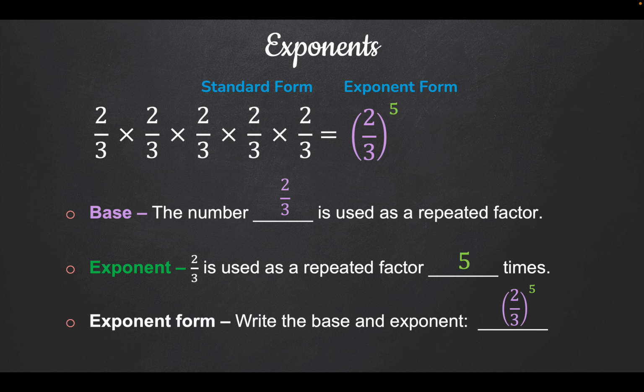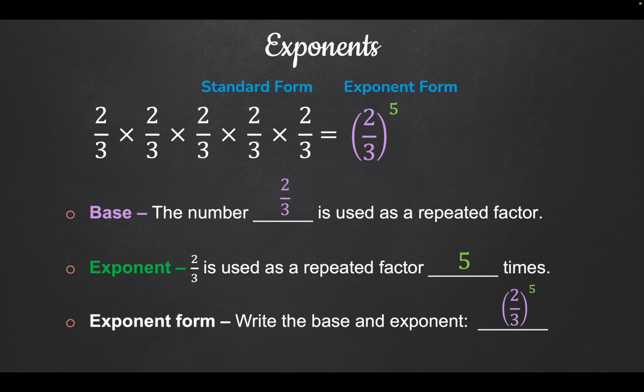And in order to write that as exponent form, we're going to put parentheses around 2 over 3 to show that the fraction is being multiplied by itself 5 times and not just the numerator or the denominator.